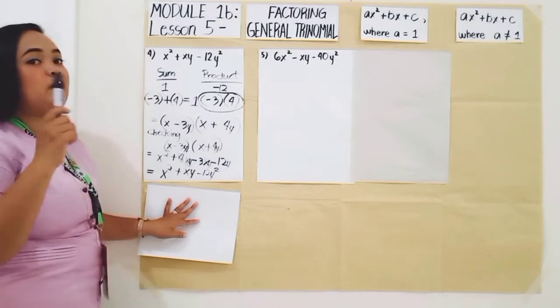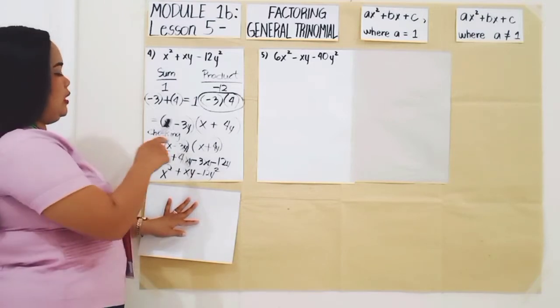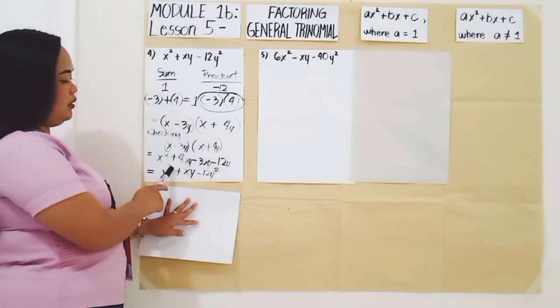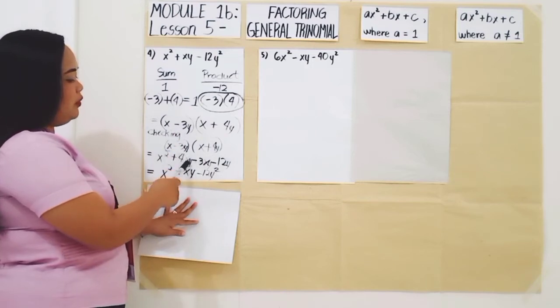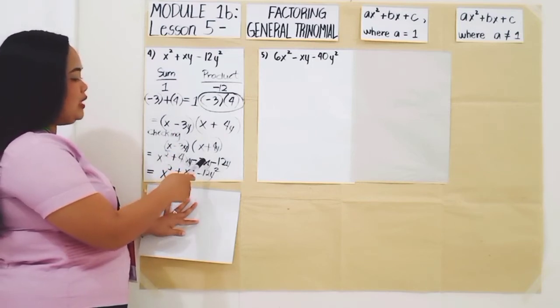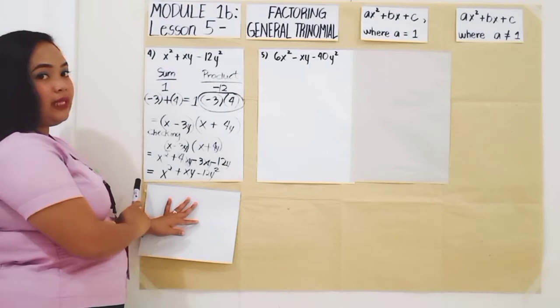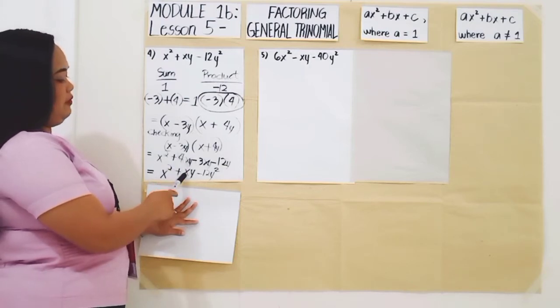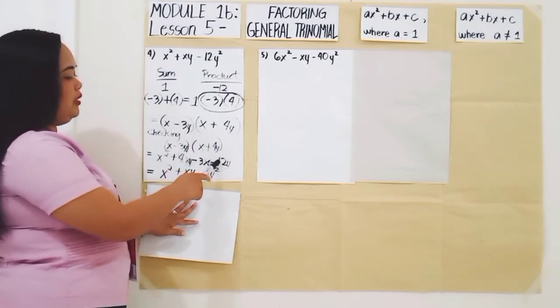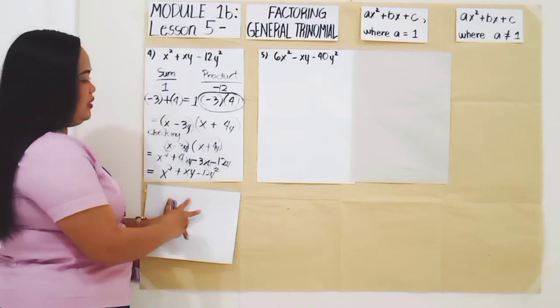And then combine like terms. So you bring down x squared, combine 4xy minus 3xy is positive xy. And then bring down 12y squared.